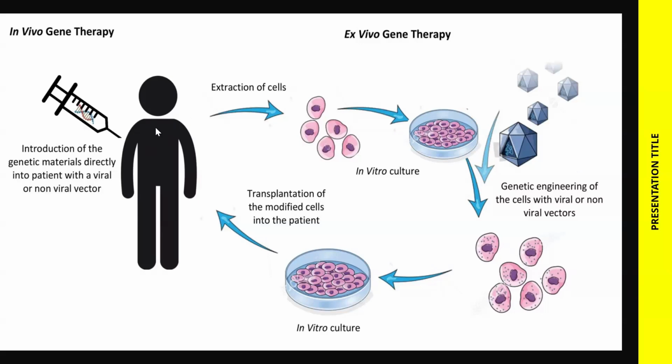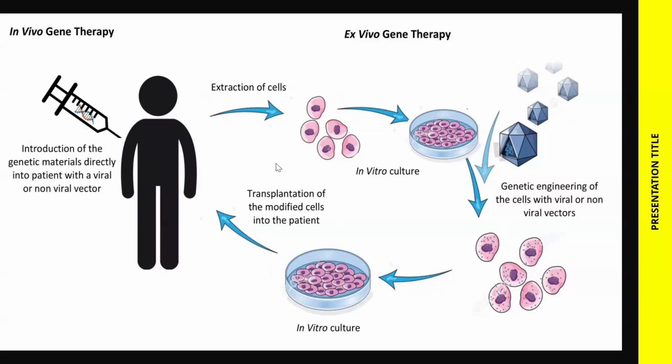Like for example, you isolate the cells from a human. After you have the cells, you culture the cells in vitro, and then you introduce the gene into the cell. After introducing the gene into the cell, you then transfer the cell back into the human.